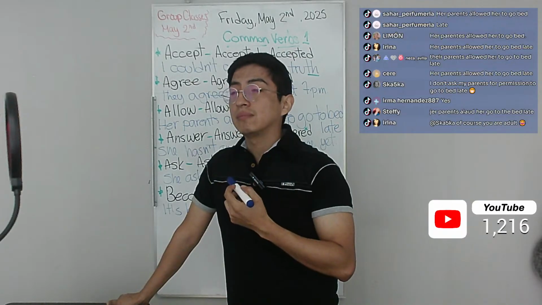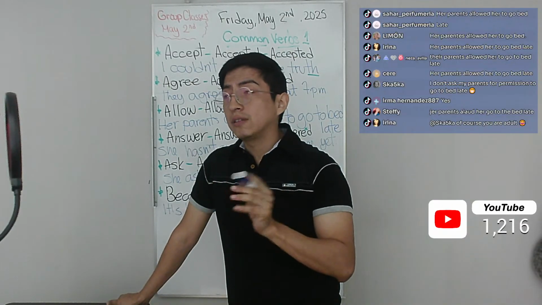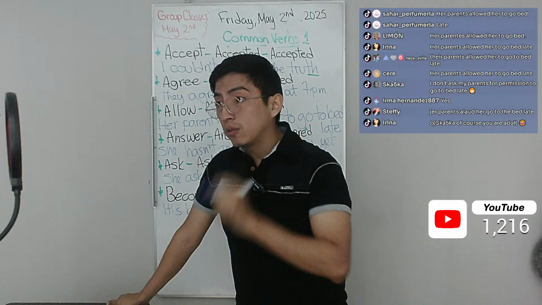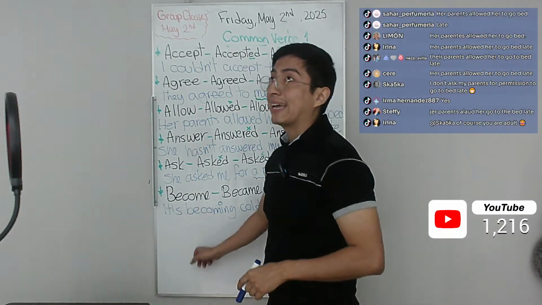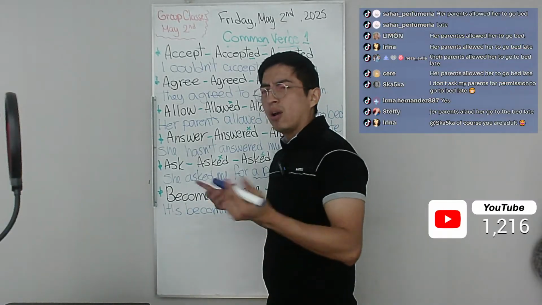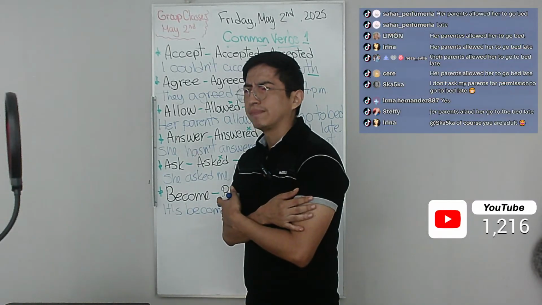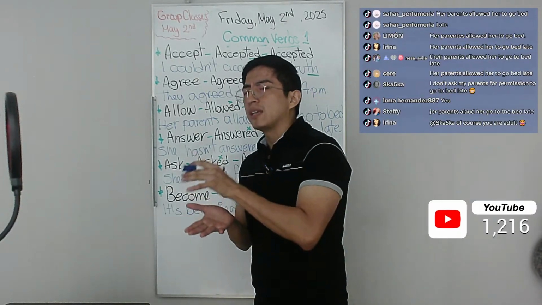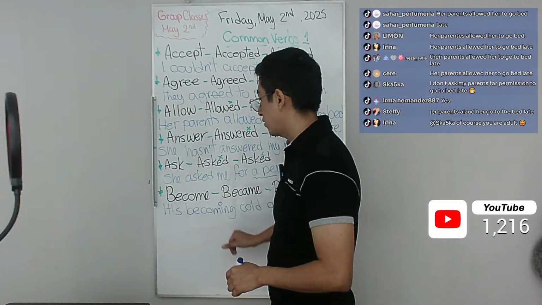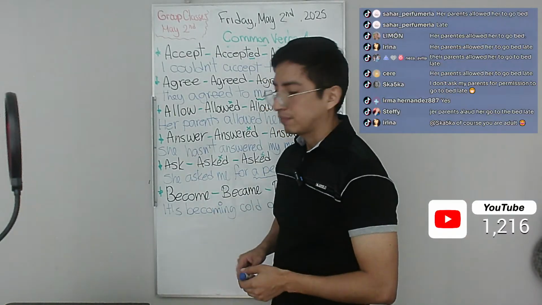He's getting angry. So when you refer to something that is temporary, you can use, in this case, get. It's getting cold. Oh my God, it's getting cold today. But if you're talking about something permanent, it's better to use become.